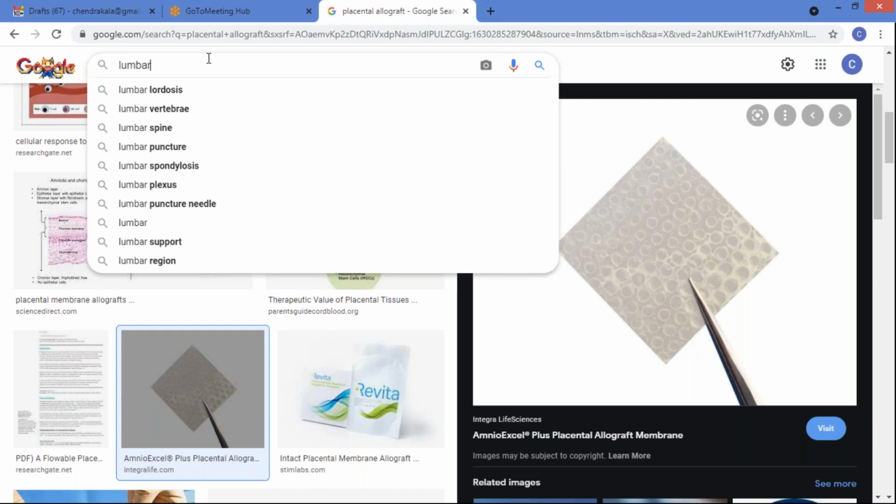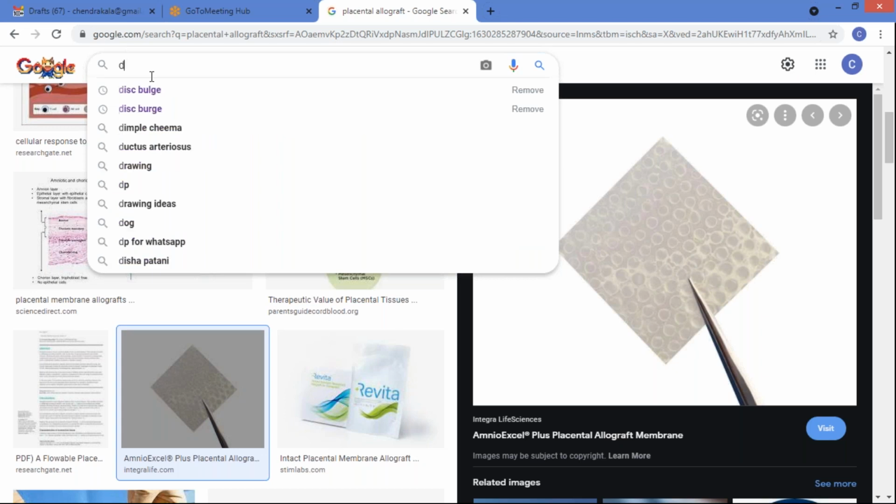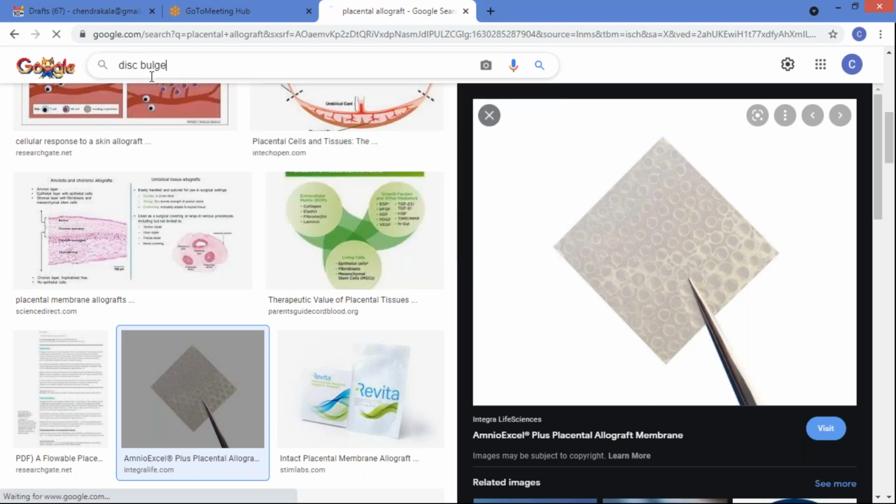In the spinal cord, we have disc material which acts as a suspension. It helps you to move and twist. That material is called the disc. So, disc bulge.